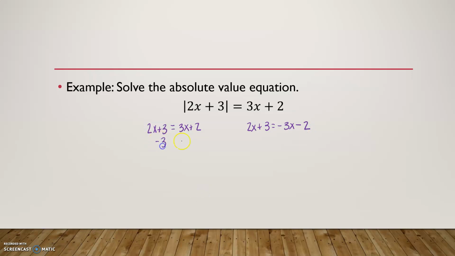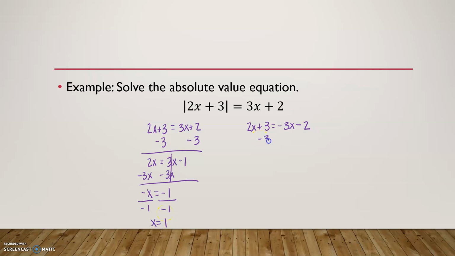Let's subtract 3. And then subtract 3x. These would cancel out and we would get negative x equals negative 1. Divide by negative 1. I get x equals positive 1.